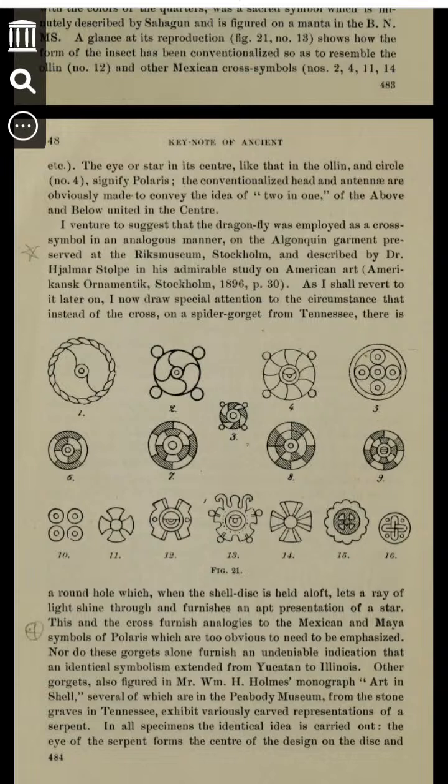The eye or star in the center, and Olin and circle signify Polaris. The conventionalized head and antenna are obviously made to convey the idea of two and one, of the above and below united in the center. I venture to suggest that the dragonfly was employed as a cross symbol in an analogous manner on the Algonquin.